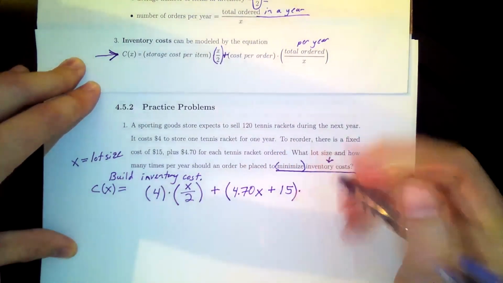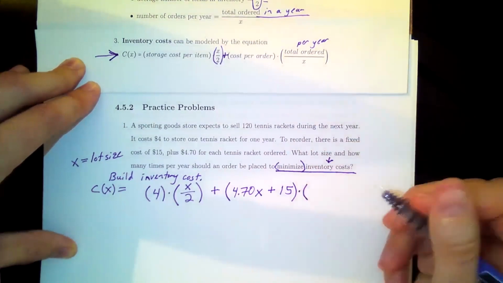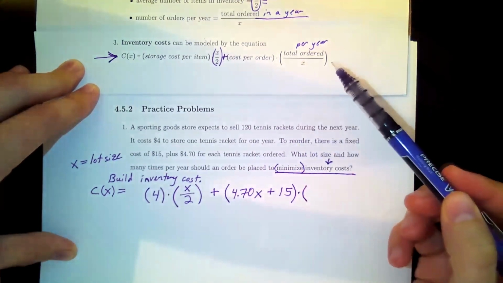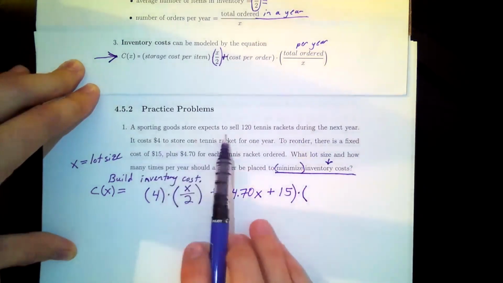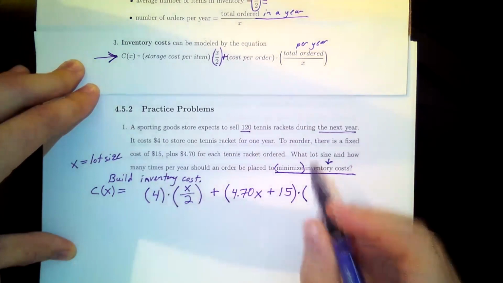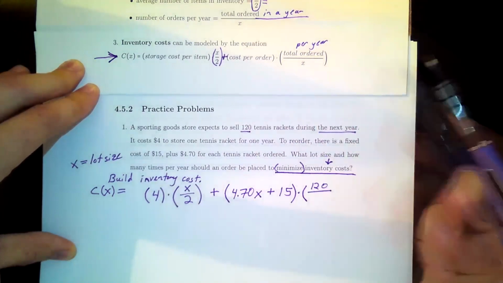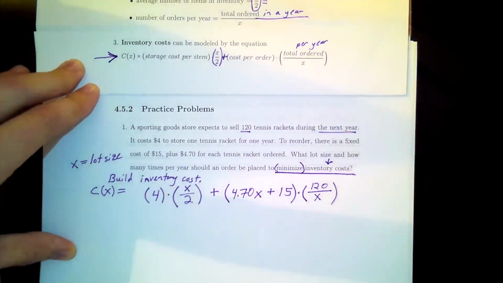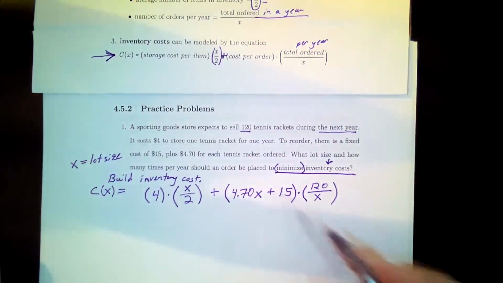Now, this is supposed to multiply by the total ordered per year divided by X. This refers to how many tennis rackets will be ordered in 1 year. If we read the top part, it says the sporting goods store expects to sell 120 during the whole next year. So that's the total order, that would be the 120 over X. Am I trying to find X?